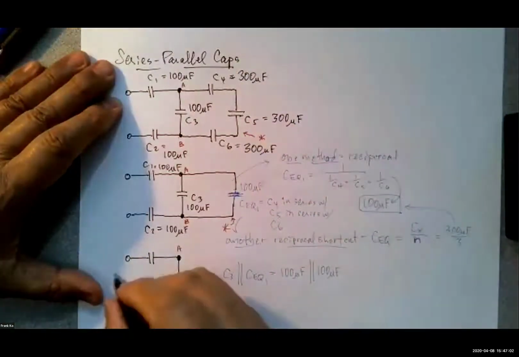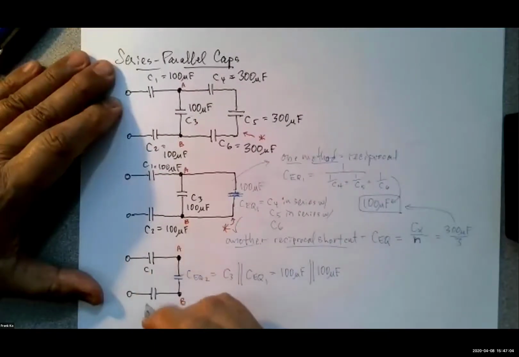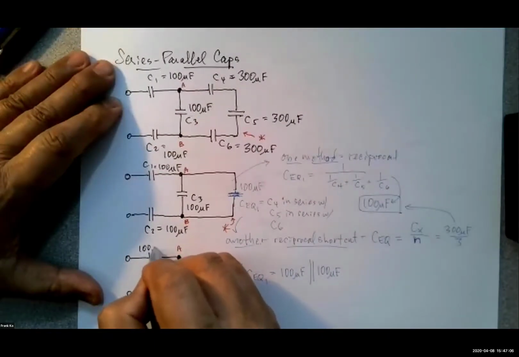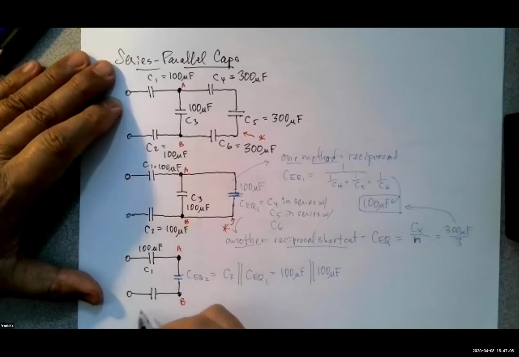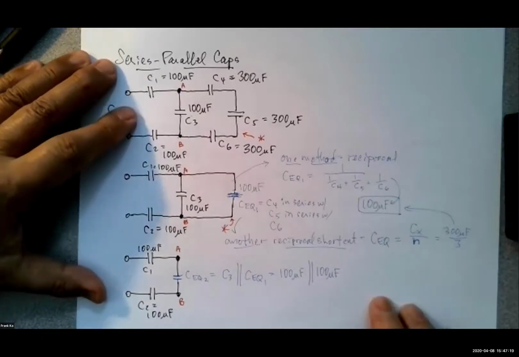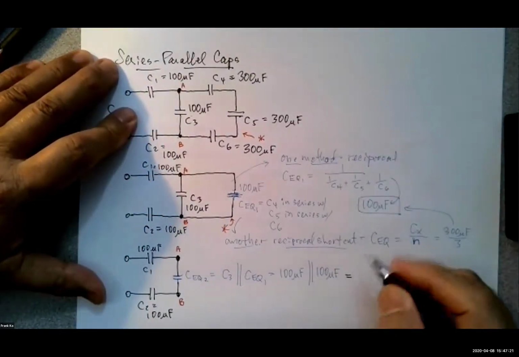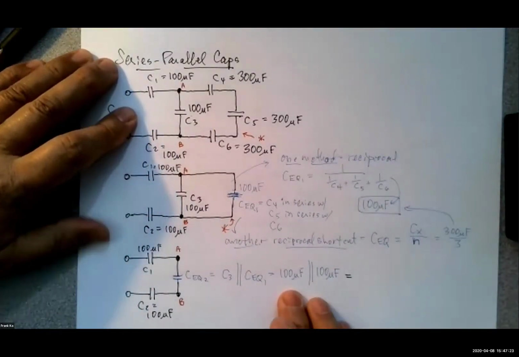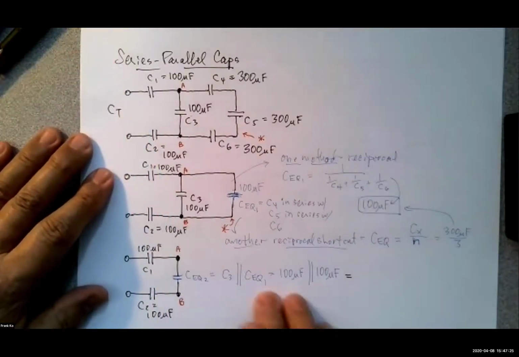The other parts of our circuit are the same. C1 is still 100 microfarads, and C2 is still 100 microfarads. So the question becomes, what does this calculate to become? How do I calculate capacitors that are in parallel?